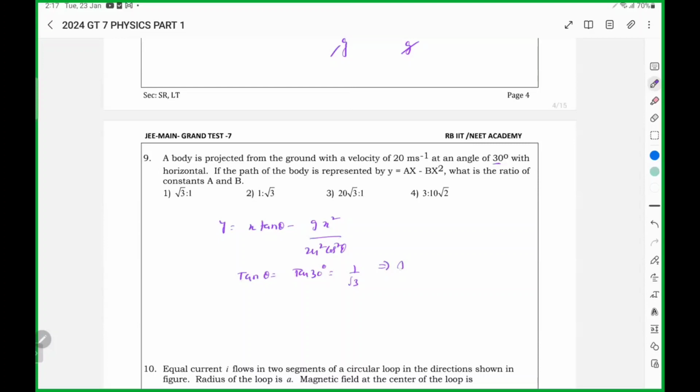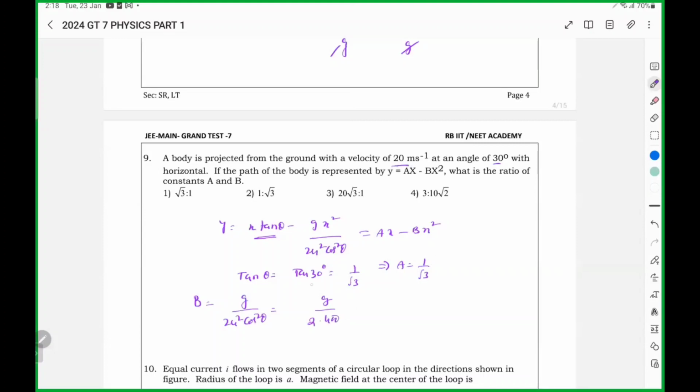That is A equal to, A is nothing but the tan theta coefficient. Your B value is u square, he has given 20.